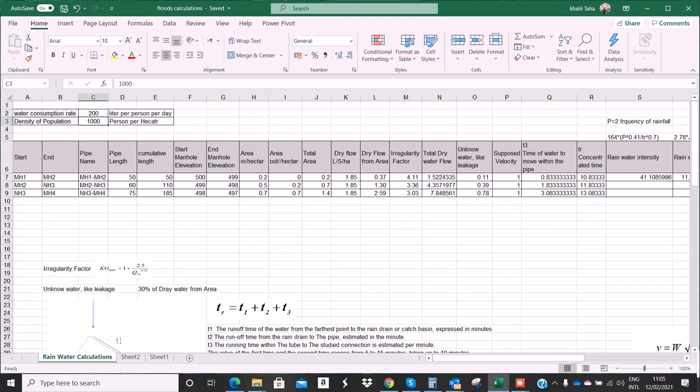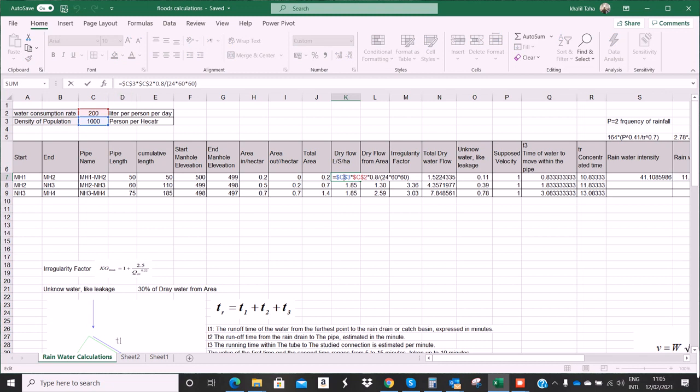The density of population, let's say 1,000 persons per hectare. Each hectare has 1,000. This is the density. Based on the density and the consumption rate, we can calculate how much wastewater is produced per person per day. The equation will be the consumption water multiplied by the density of population multiplied by 0.8.